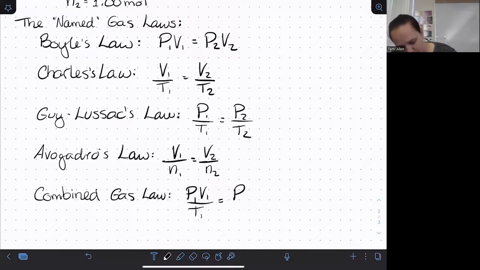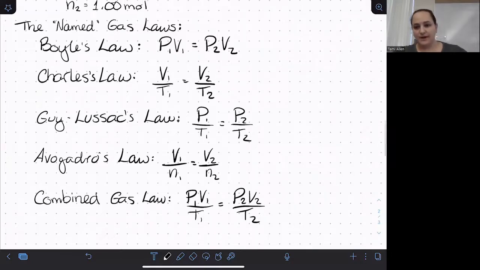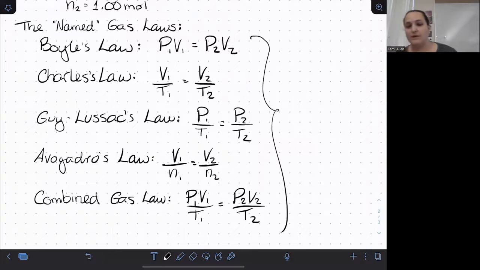P1 V1 over T1 equals P2 V2 over T2. So again, I don't care. I'm not going to ask you about the names, but it's something that you see, so I figured I would at least mention it. All of these are just derived from the ideal gas law.